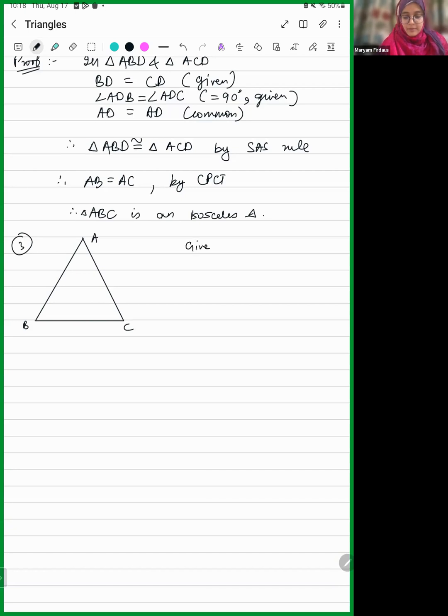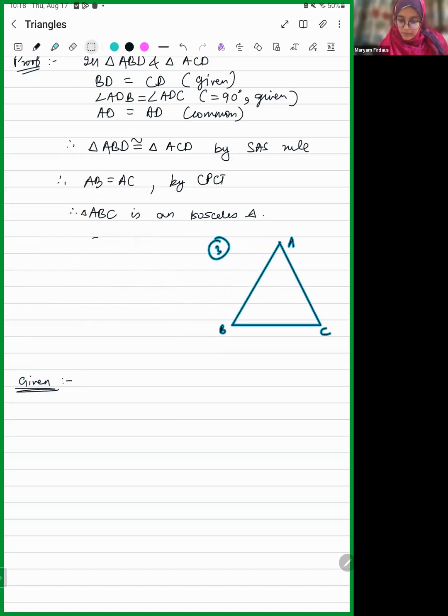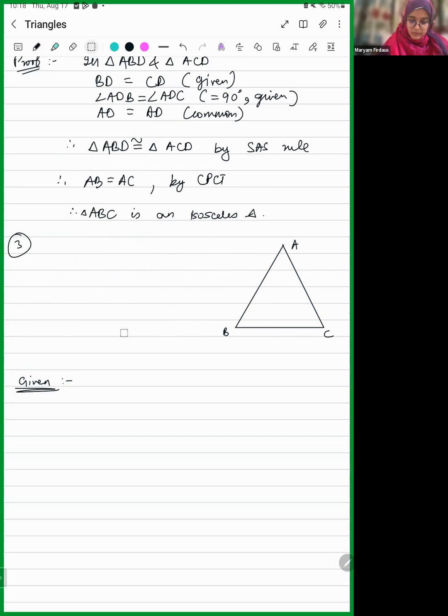Given, I think I should start making this on the other side. Okay, so given AB is equal to AC. Now, what we have is, you have two altitudes.